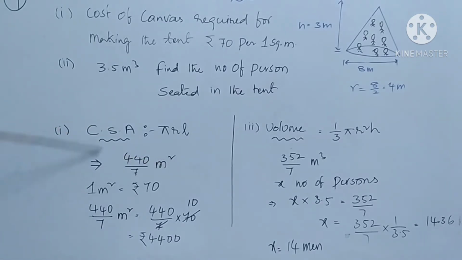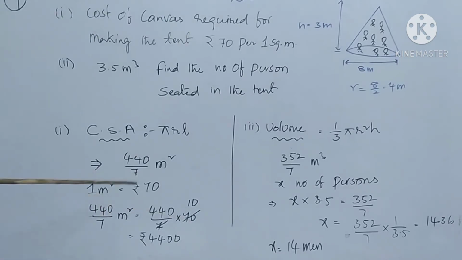So the cost is 440 by 7 into 70. 7 tens are 70, so that is equal to 4,400 rupees. So the cost of the canvas required for making the tent is 4,400 rupees.